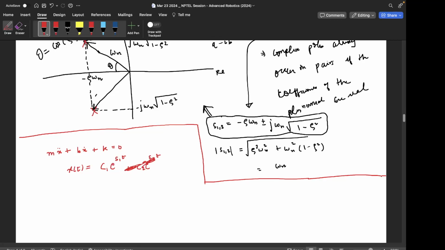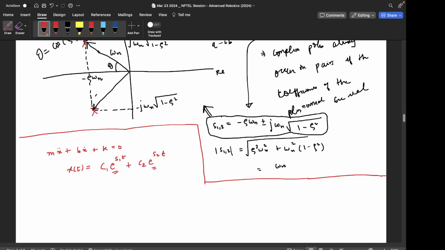Two roots come, but in general the solution is like this. If s1 and s2 are the same, then there will be only one term. So there are exponentials involved, that is pretty much clear.